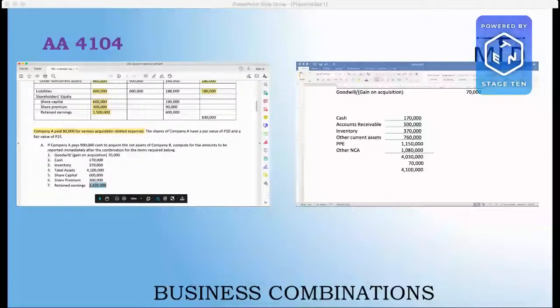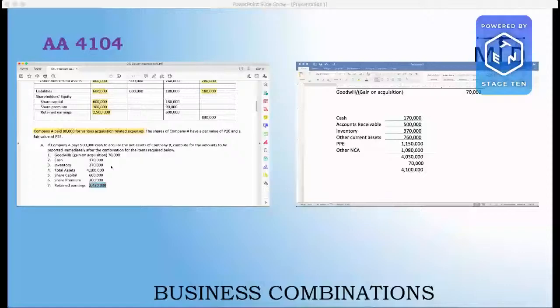We start with 2,500,000 because supposedly that's the amount that we are to report. If you're asked for the retained earnings immediately after the combination, it should be the retained earnings of the acquirer lang. But why is our answer not 2,500,000? Because the 2,500,000 does not take into account yet the expense that happened during the combination. So 2,500,000 less the acquisition cost of 80,000, which is to be reported as an expense.